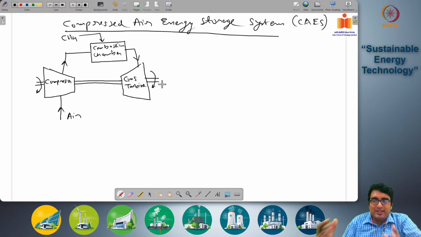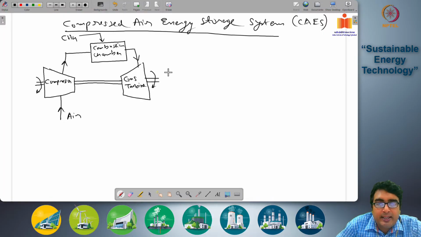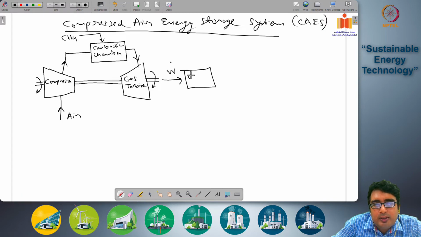And these pressurized hot gases are being expanded and cooled in the gas turbine, and the energy associated with the pressurized hot combustion gases is transferred into the shaft energy of the gas turbine, which is rotating the shaft, and hence you are getting work output, which is going into your generator to produce electricity.